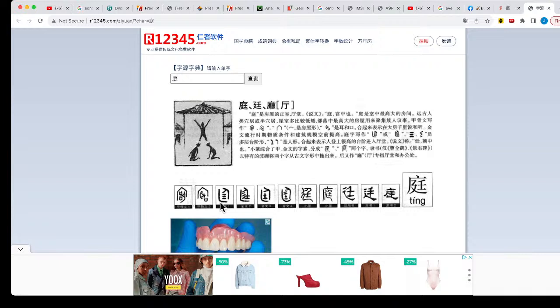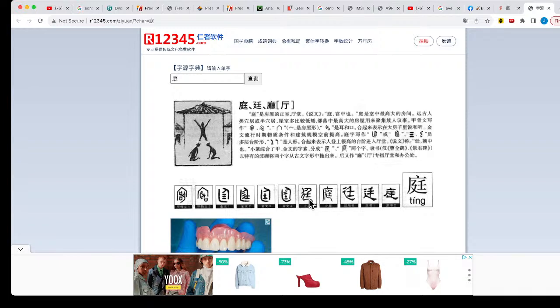Because big houses became bigger and taller, they had to step through the steps in order to enter the great hall. Also on the side there's a person. This means the person is stepping up all those steps to enter that great room. So that's this character.